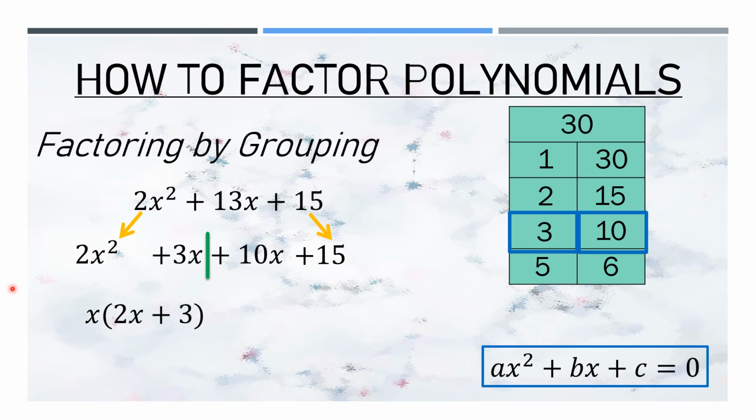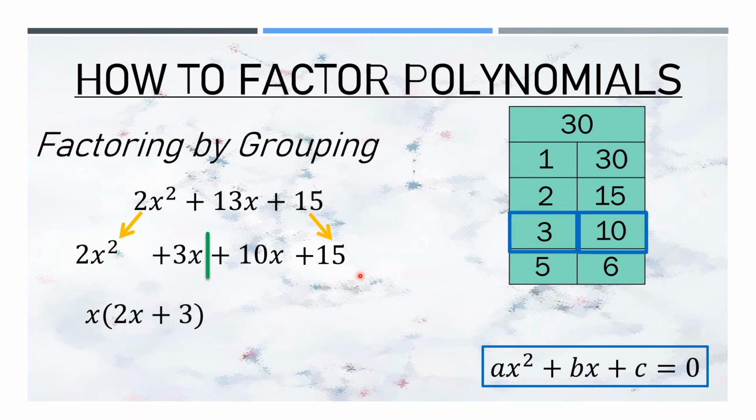X times the quantity of 2x plus 3. Because the common factor of 2x squared and positive 3x is x. And then, natira yung 2x and positive 3. Let us double check. X times 2x is 2x squared. X times positive 3 is positive 3x.